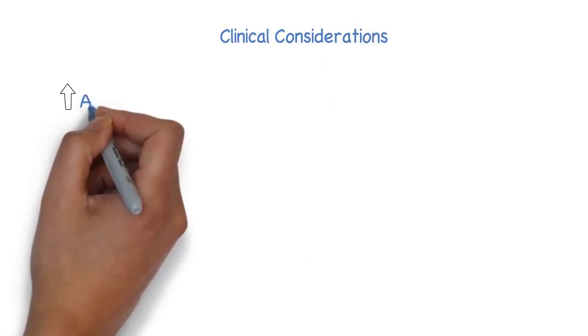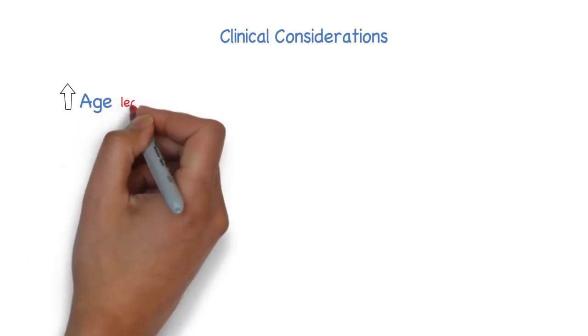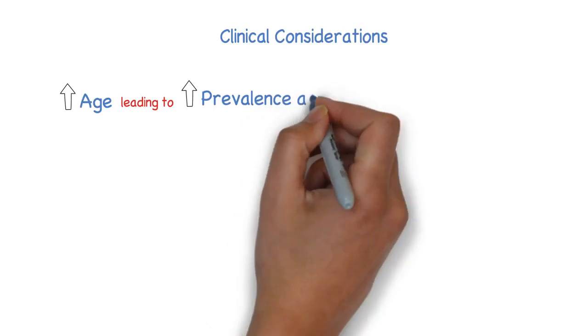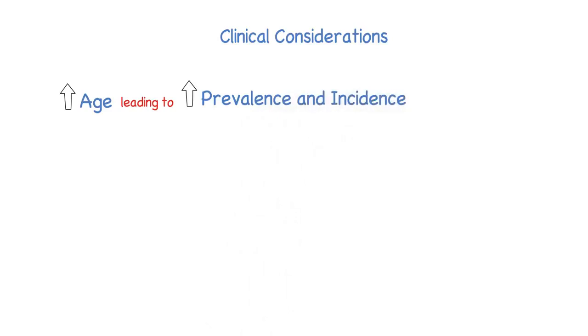Heart failure is a common syndrome, increasing in incidence and prevalence nowadays, and the reason for that is increasing age. Heart failure is a disease of old age, and as more people are living longer, that is why the prevalence and incidence is increasing.